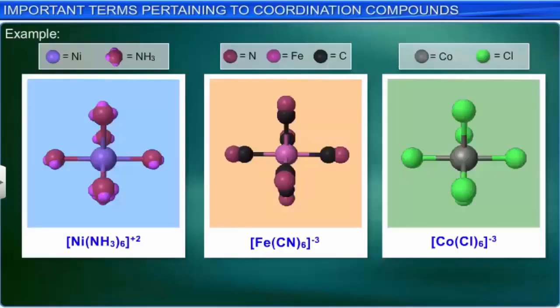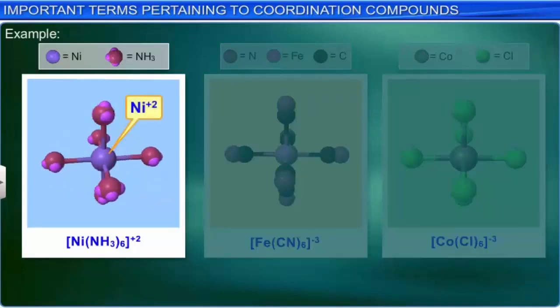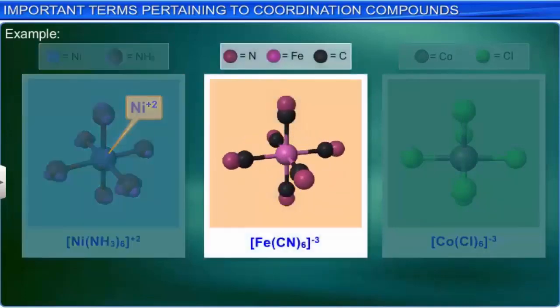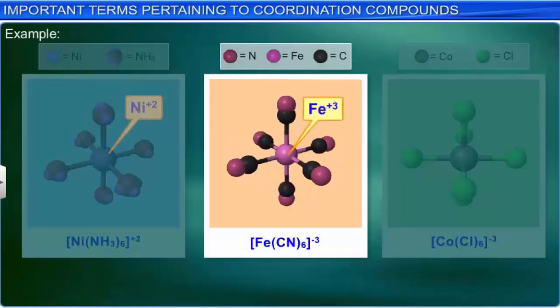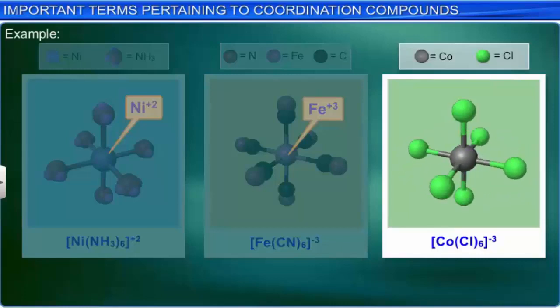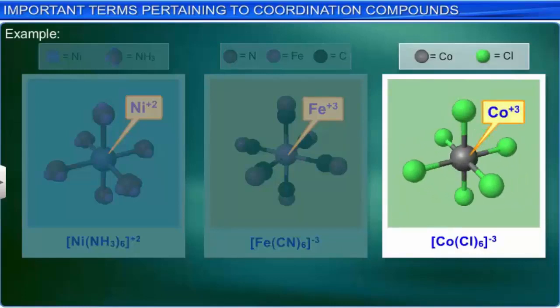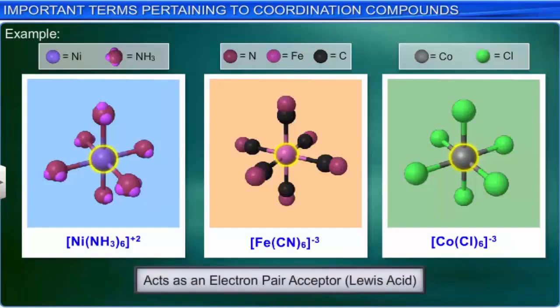For example, the central metal ion in [Ni(NH3)6]2+ is Ni2+, in [Fe(CN)6]3- is Fe3+, and in [CoCl6]3-, it is the Co3+ ion. As the central metal atom or ion acts as an electron pair acceptor, it is also referred to as a Lewis acid.